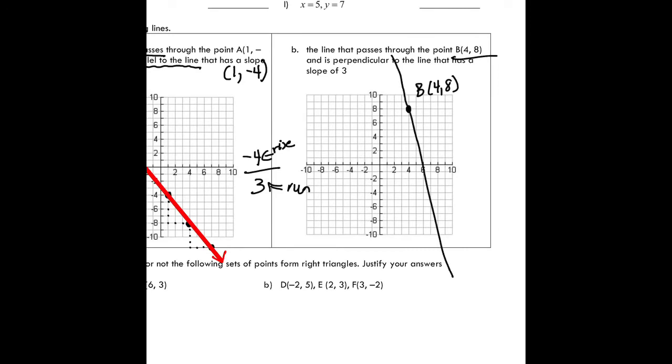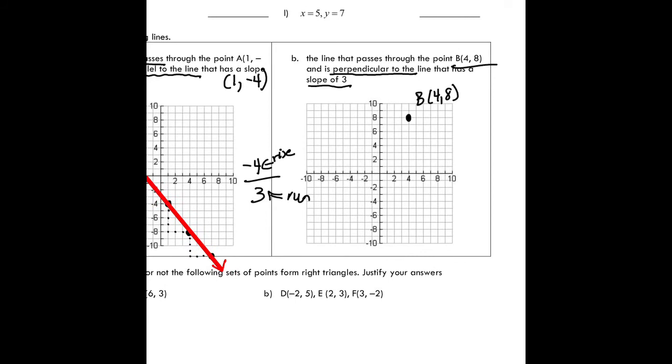It might look like this. It might look like that. I don't really know at this point what it looks like. Okay, so I have to get some more information. All I know is it goes through that point. Okay, my line is going to be perpendicular to a line that has a slope of 3. So the other line has a slope of 3, or 3 over 1.